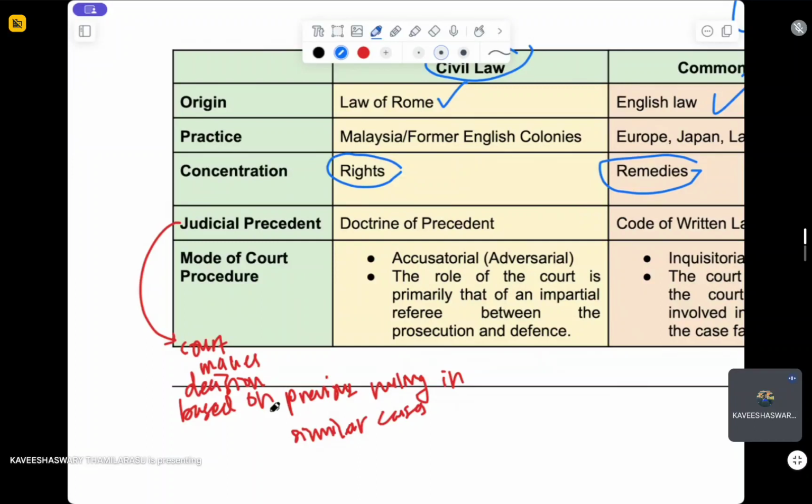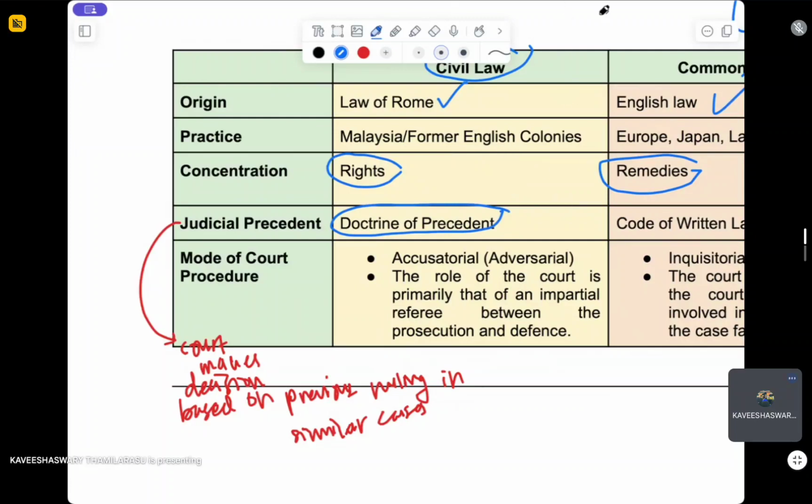Of course, you can still come up with totally new decisions, because you have certain tools to break the judicial precedent. This is also referred to as the doctrine of precedent. Doctrine of precedent is basically the law which says the lower court has to refer to the higher court's decision.